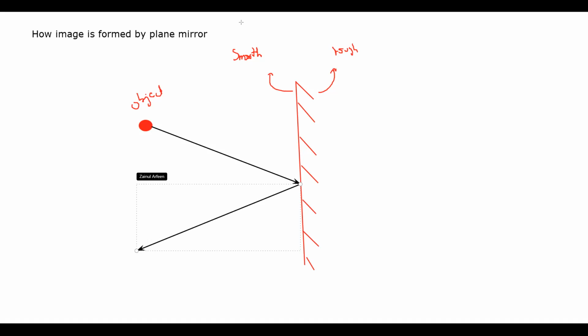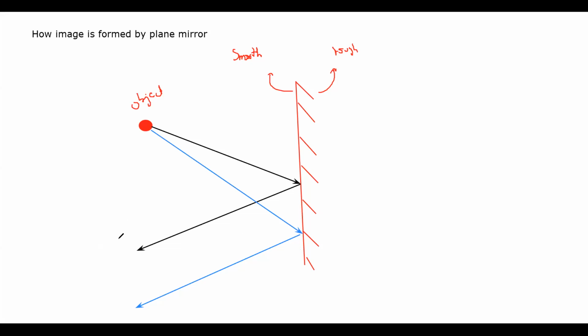Then there is another ray coming out from the object in a different direction, that also strikes the mirror, and it also follows the law of reflection and bounces back. So two light rays coming out from the object strike the reflecting surface and bounce back.